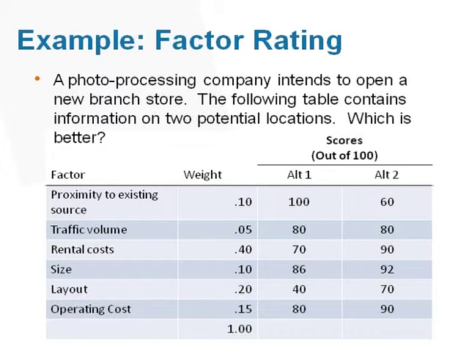This is an example of using the factor rating method. As you can see, there are two alternatives here. The first column to the left is the factor column, for example, proximity to existing source, traffic volume, rental cost, size, layout, and operating cost.